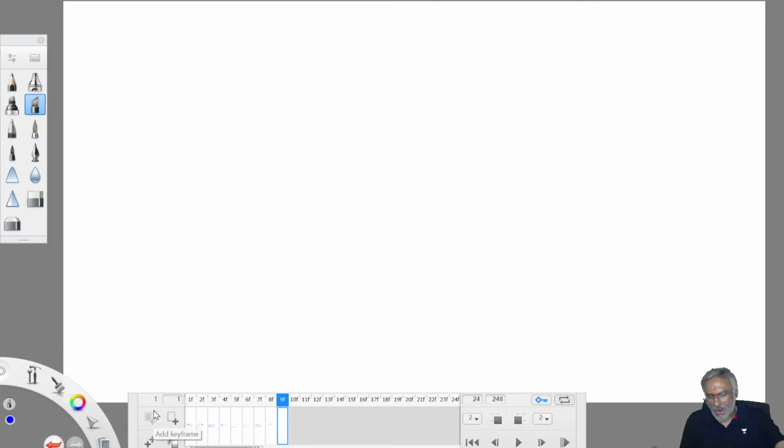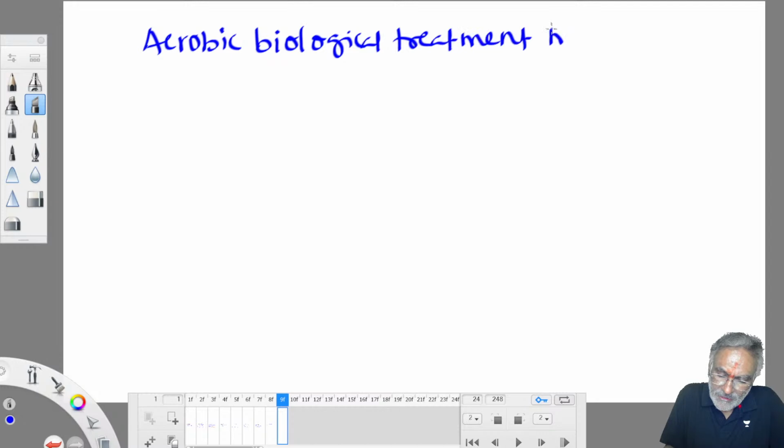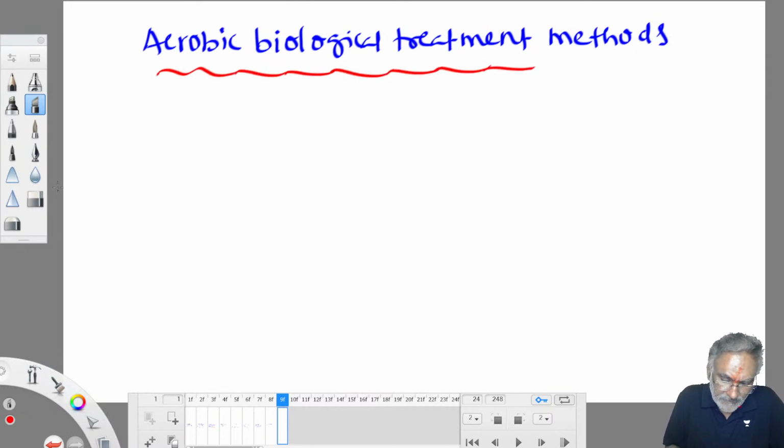Let us see now. Aerobic biological treatment of wastewater. Aerobic biological treatment methods. So there are two ways you can treat wastewater aerobically.